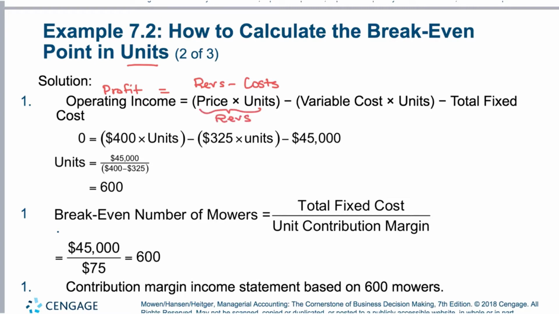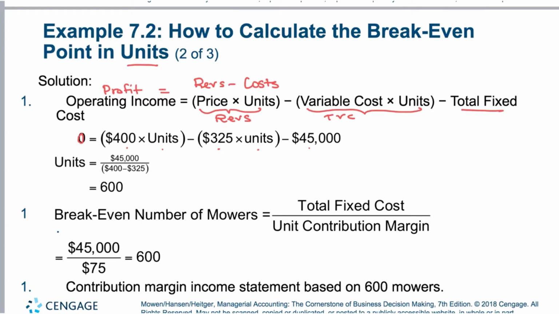And our costs are going to be variable cost times unit, so that's total variable cost, plus total fixed cost, right? And so here we have our numbers, right? So we want an operating income of 0 when we're breaking even. And we've got our price times the number of units minus our variable cost times the number of units minus the fixed costs.